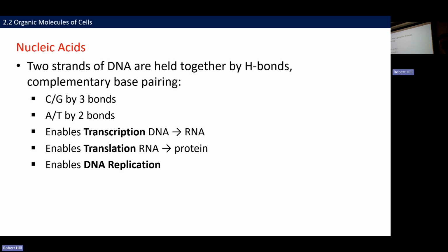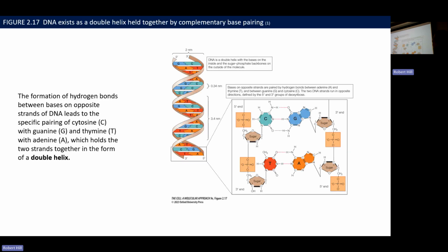If you look here, this is one strand of DNA, this is the other strand, and they're stuck together through hydrogen bonding. When you have C's and G's, you have 3 bonds present. But T's and A's only have 2 hydrogen bonds. Which one's stronger, CG hydrogen bonding or the AT?